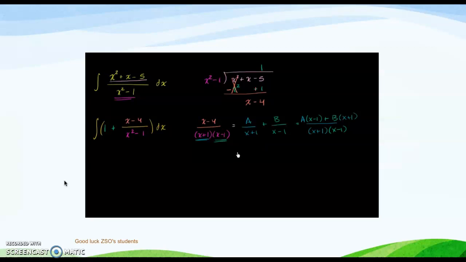This is going to be equal to Ax minus A plus Bx plus B, and then all of that over this stuff.